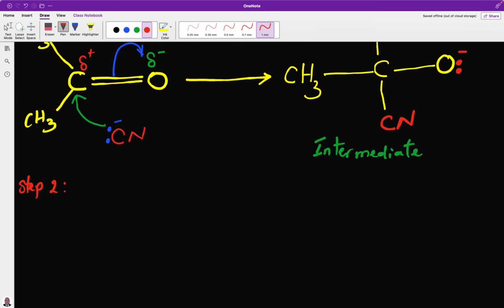It is unstable. It is highly reactive. So something must be done to stabilize it. It has to grab what? The hydrogen ion. So we say the negative ion form, the negative ion.